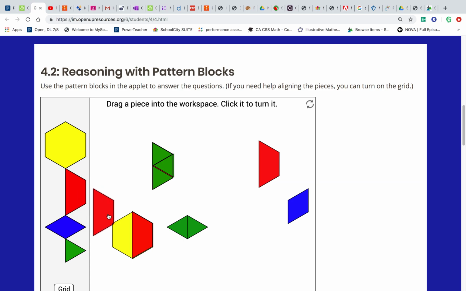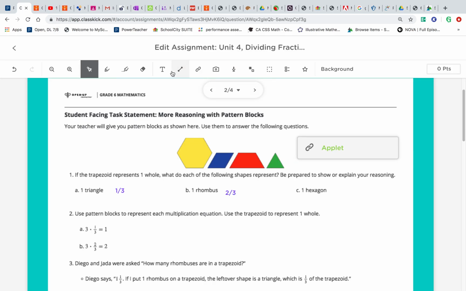We need another one, right? And so rotating it around so it fits in there. Okay, there you see it. So the hexagon is actually 2 whole trapezoids. So it's going to be 2. All right, so that is important.